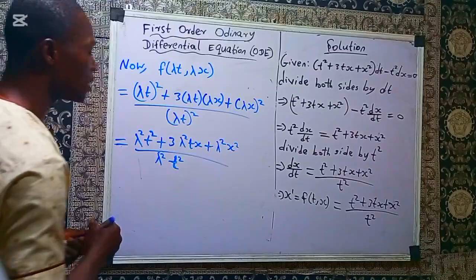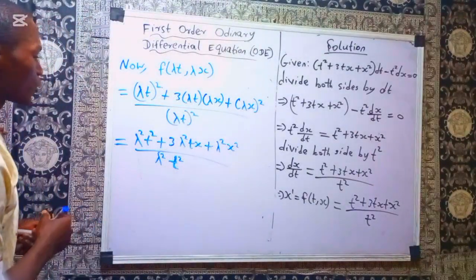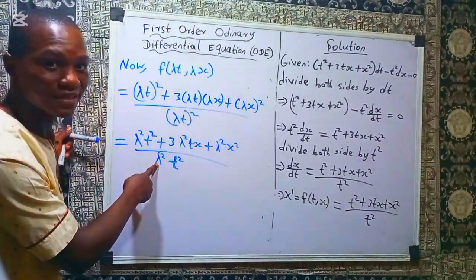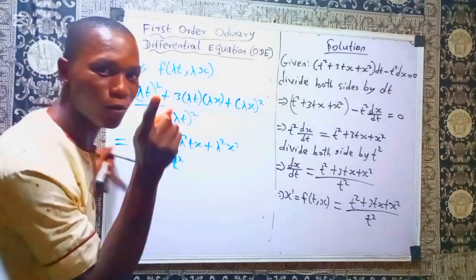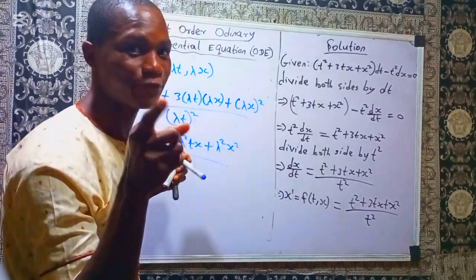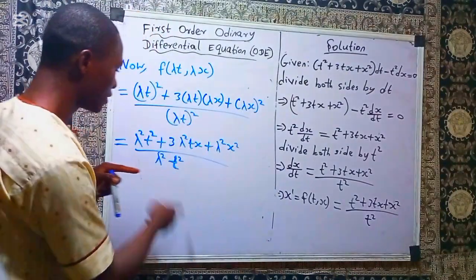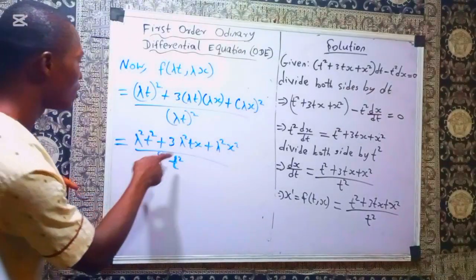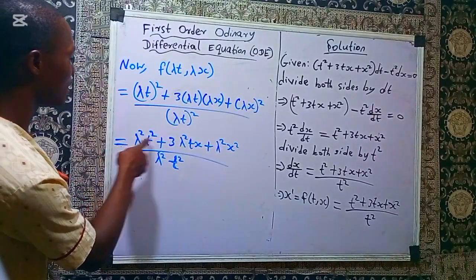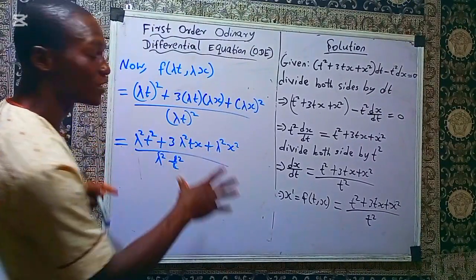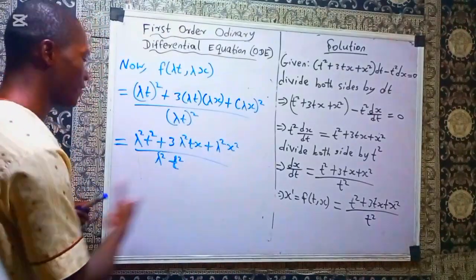Wow, that's wonderful, right? Next thing is to simplify. Now, this lambda squared at the denominator, what will cancel it? If we can factor lambda squared at the numerator, it will cancel the lambda squared at the denominator. Let's check. Lambda squared is here, here, and here. So all the terms at the numerator have lambda squared, so we can factor it out.